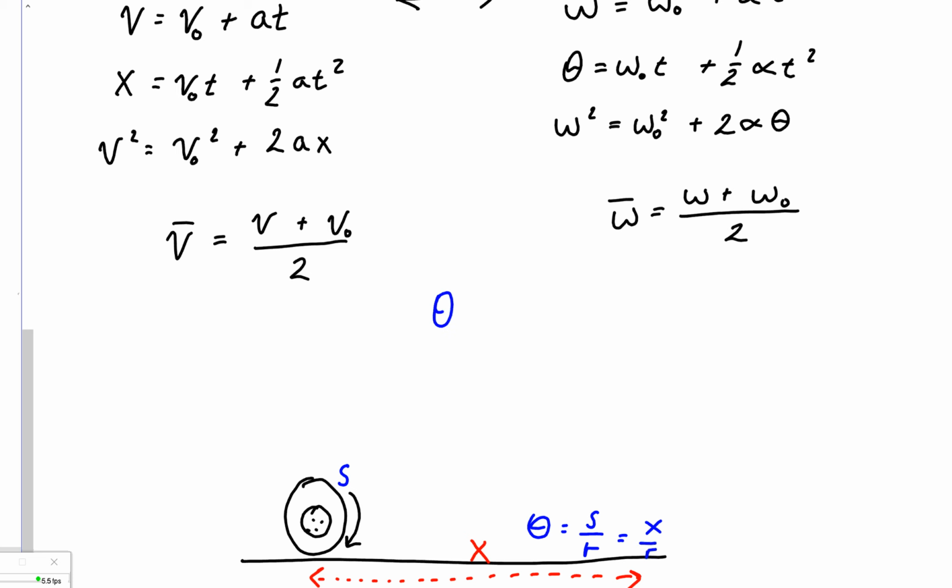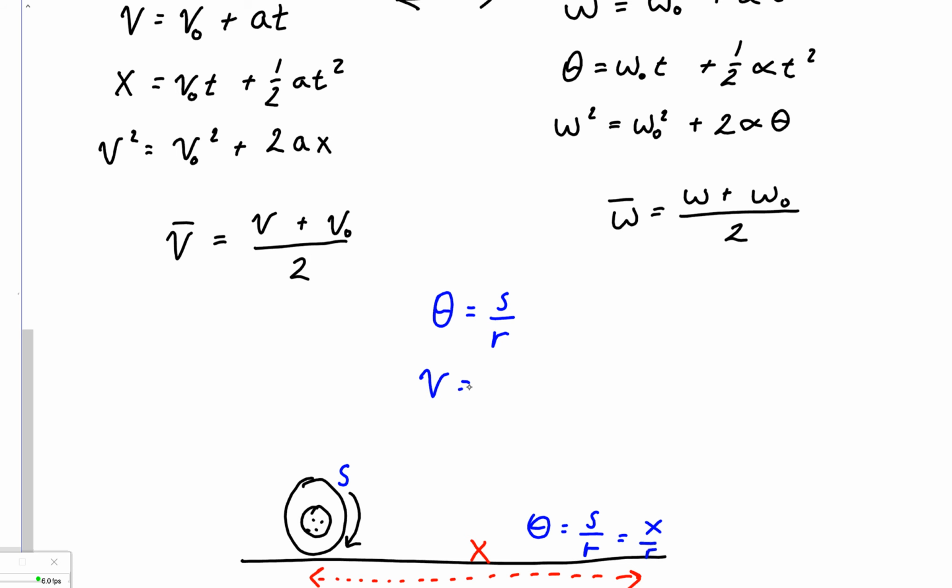But I know that theta is equal to S over R, and you should be saying, Mr. Cole, why don't you just write x? Well, I know it's the same, but it's not always going to be true that it's x over R. Still, it's very handy to have this equation because if we have theta and a radius, then we can figure out how far something rolled.